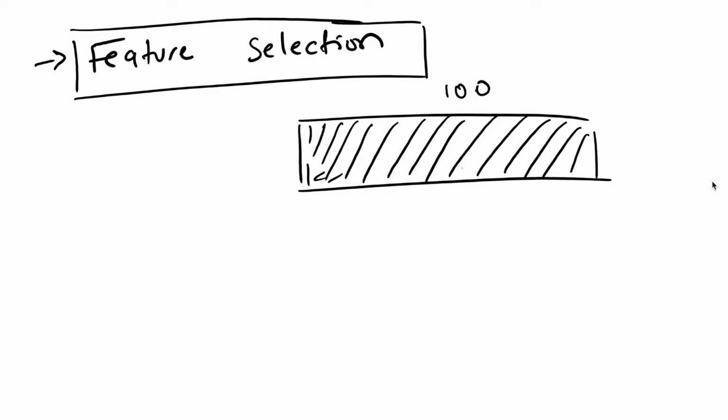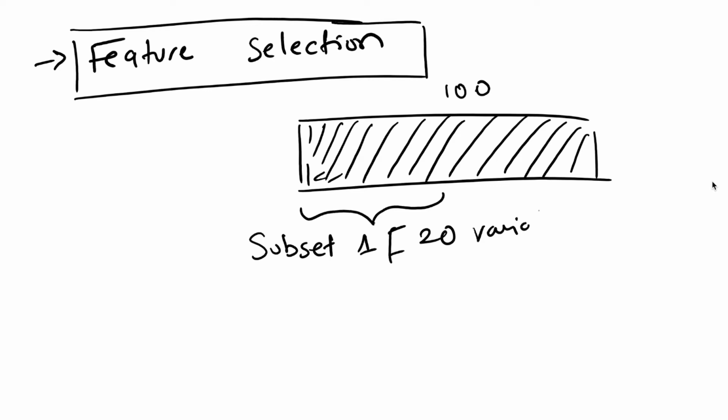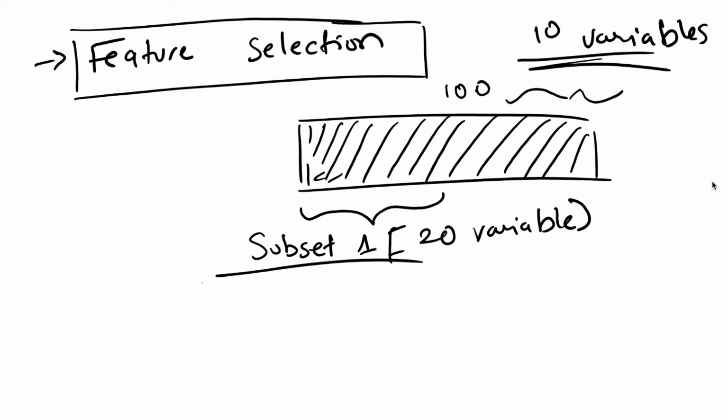Now feature selection would mean that you can create, let's say, subset 1 where you can have, let's say, 20 variables. Then you can probably create, let's say, a subset 2 where you can have 10 variables. Now feature selection is all about picking out variables from the entire data set.